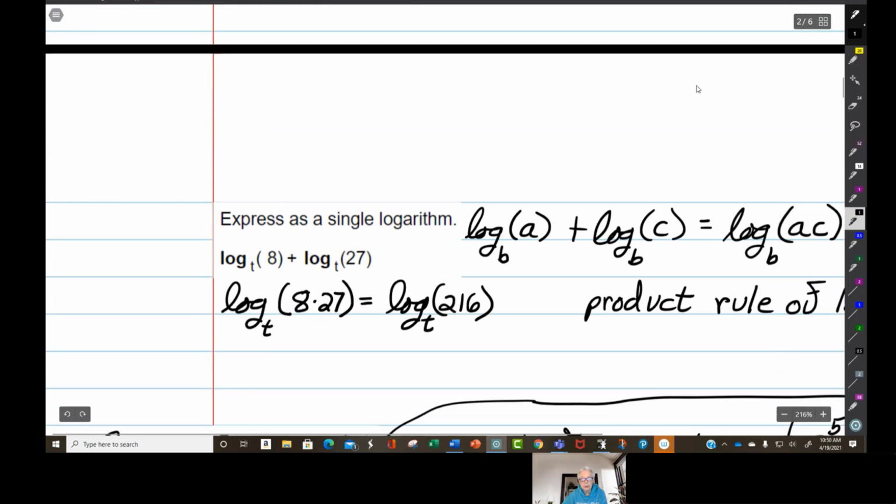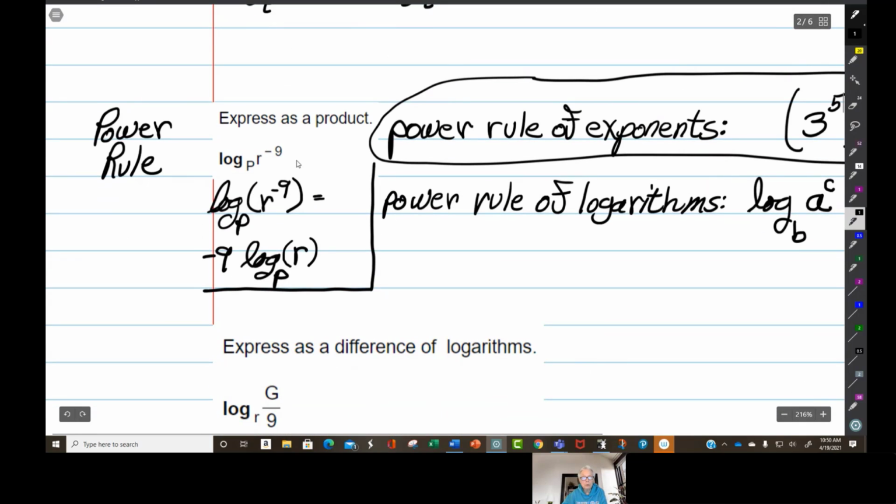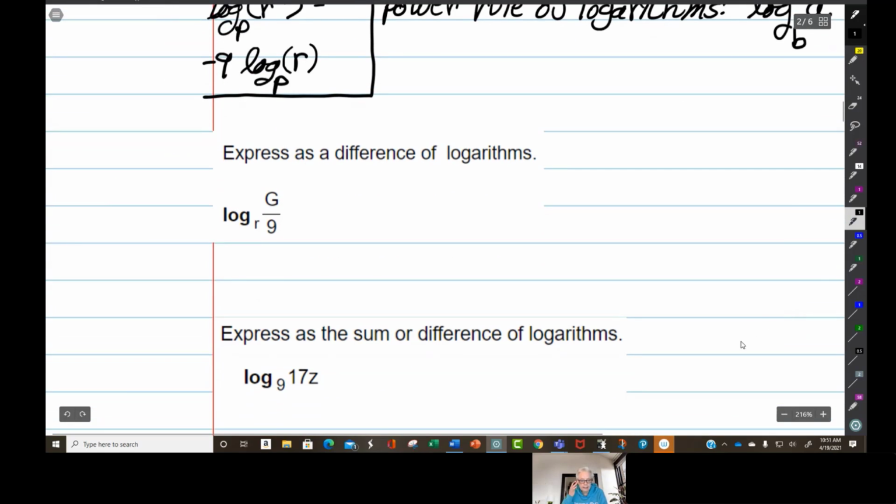I promise you'll use it. Right now, down here was the power rule used in the most common way that it's used. Okay. Just stop me with questions.